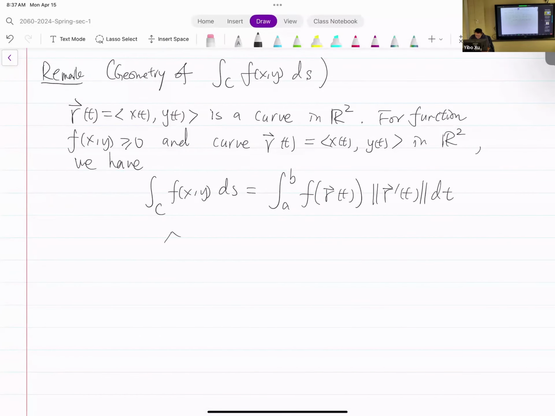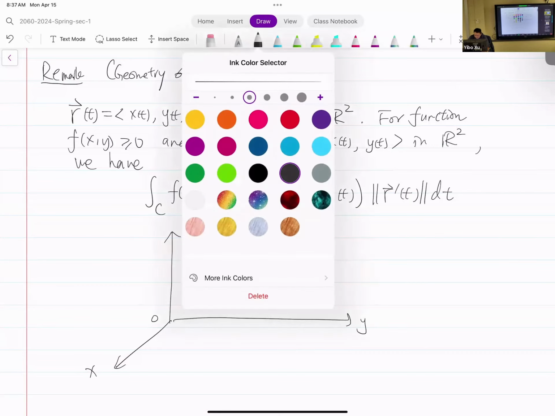So here, basically we are accumulating that elevation, which is f of xy, which is non-negative, right? So that part is essentially a surface.